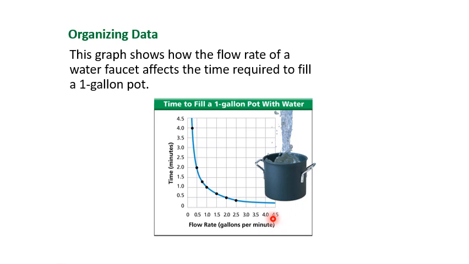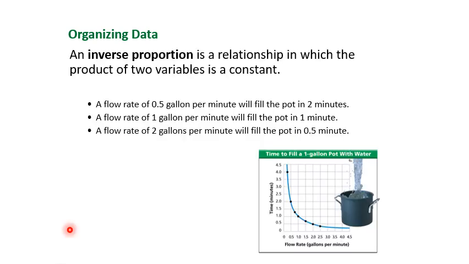Now, the faster it's coming out, the lower the time value, smaller the time value. If you barely have a trickle, it's going to take a long time. So what we would call this would be an inverse proportion. An inverse proportion would be when, instead of going this way, remember we just said that, we are now talking about when, generally speaking, it goes this way.